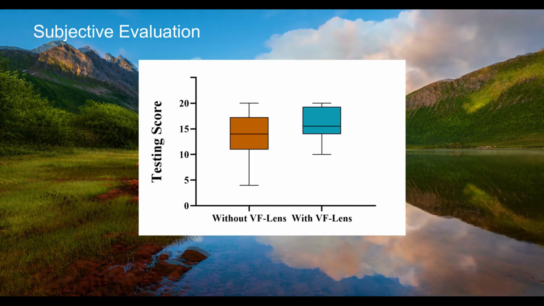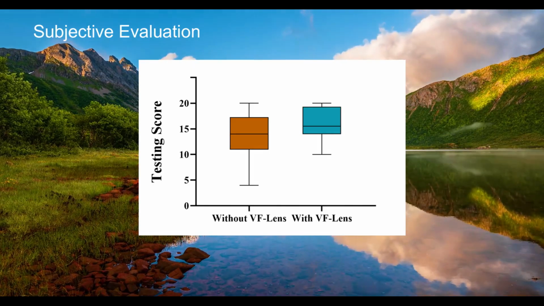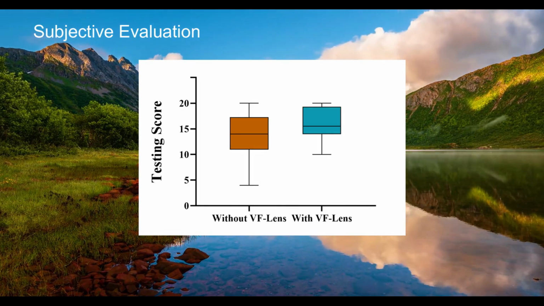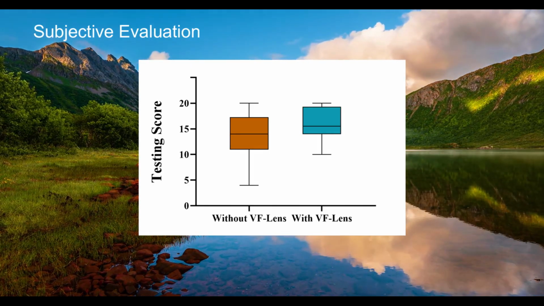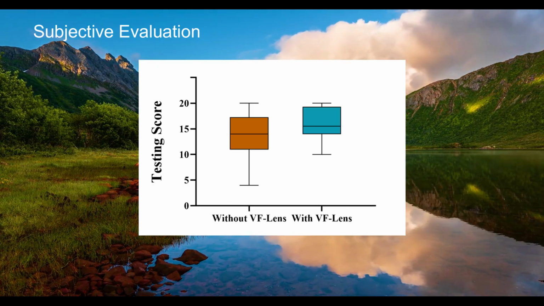Upon statistical analysis of the testing scores, we observed significant differences, p equals 0.029, in the performance of the participants when using VF lens compared to when it was not utilized.